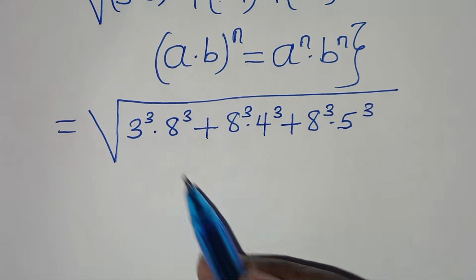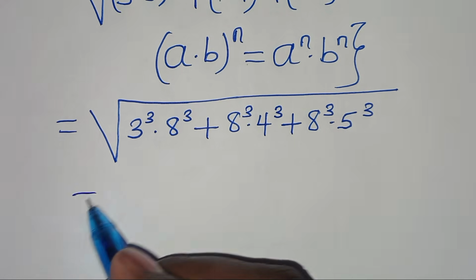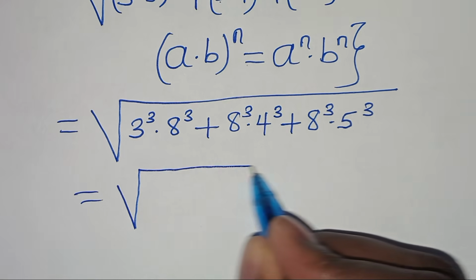Now, if you check here, 8 to the power of 3 is common, so we can factor out 8 to the power of 3.